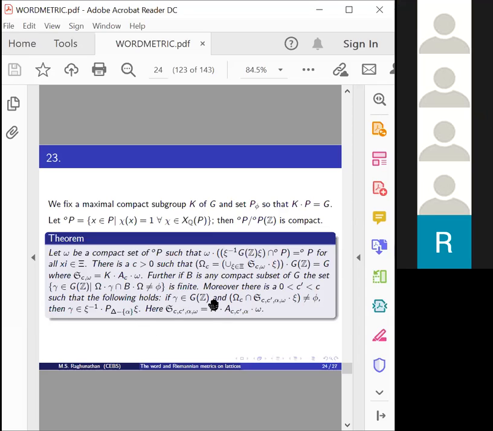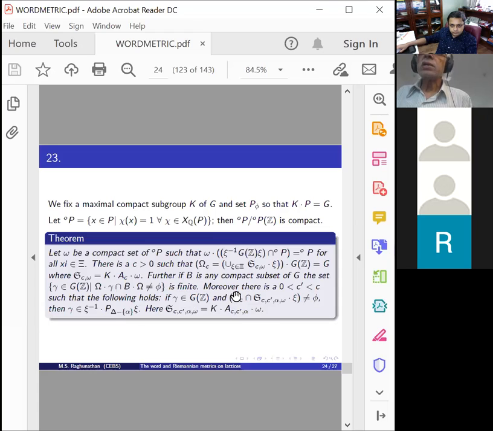If gamma is in PZ and omega C, S_{C,C' alpha omega}, remember I defined this as the set of all KAU, K in K, A in A, and U in omega, with the property that a(alpha beta) is less than C for every beta in delta, but a(alpha) I want to be even less than C prime. If that happens, then this finite number of translated Siegel sets, and the set I'm looking at is a smaller one.